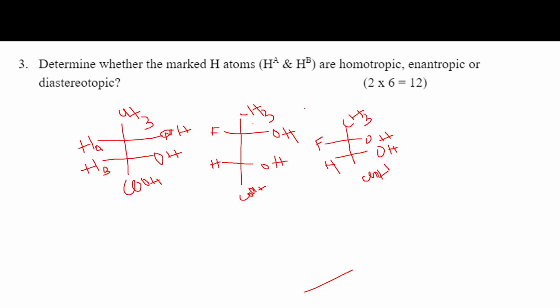So if you place the mirror, methyl will be methyl. This one will be your OH and this one will be fluorine. So the mirror image of this one will look like this.